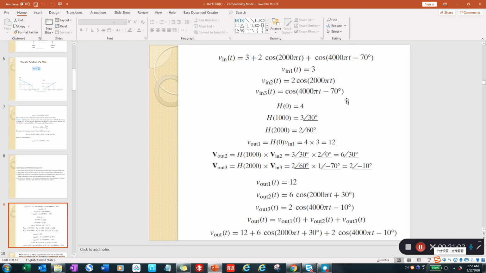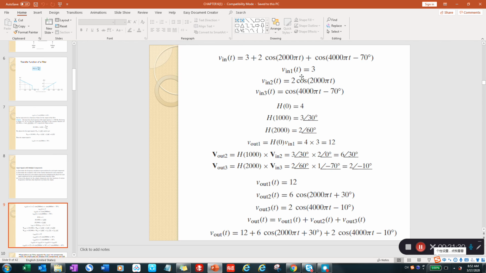We know that filters respond differently at different frequency, so we need to identify the frequency for each of the components. Then based on their frequency, we should figure out what is the transfer function for that frequency. That means we need to figure out what is the amplitude change and what is the phase angle change.